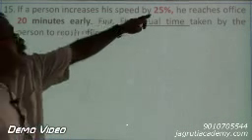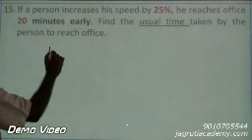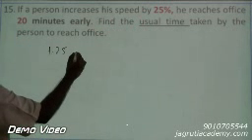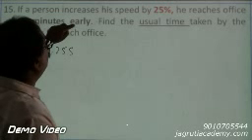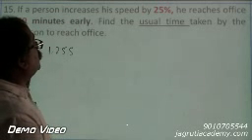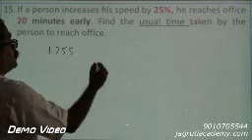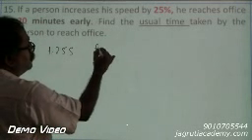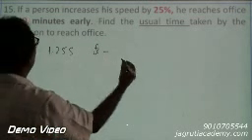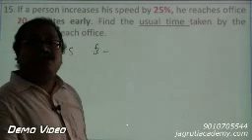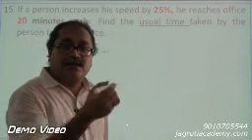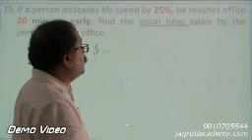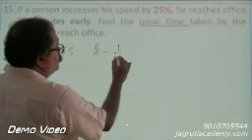The speed is increased by 25%, so speed is 1.25 s, and the time is 20 minutes early. Time is t minus 20 minutes, and 20 minutes is how many hours? 20 by 60, that is 1 by 3 hours.